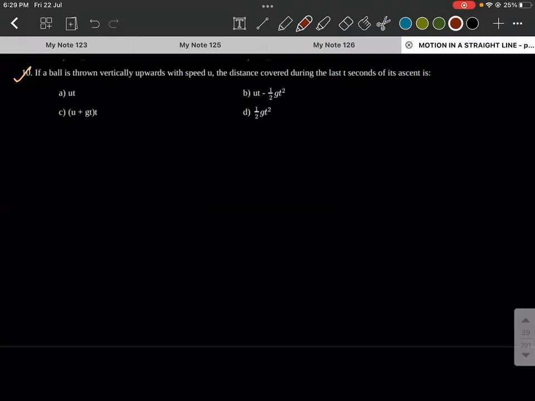So ball is thrown vertically upward with a speed u. The distance covered by the object in the last t seconds of its ascent.